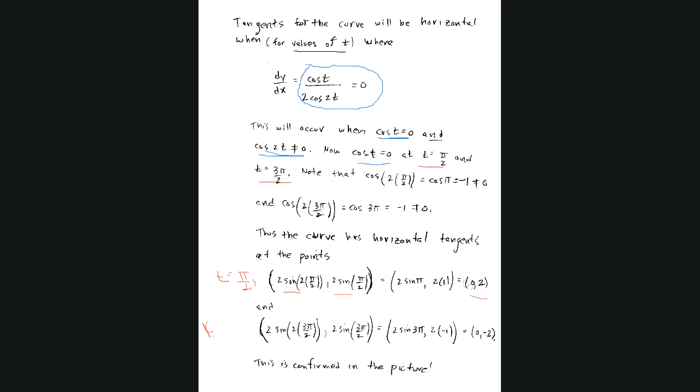The other value of t is t equals 3 pi over 2. And that's going to happen at 0, negative 2, because we just put in 3 pi over 2 for t in the parametric equations, and we'll get 0, negative 2.